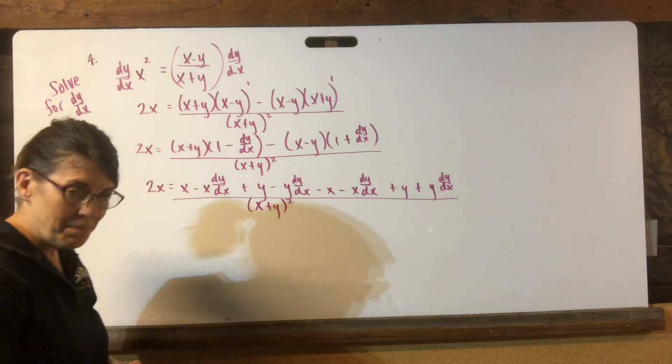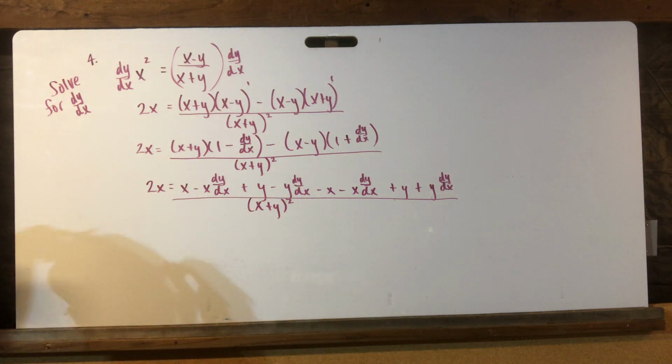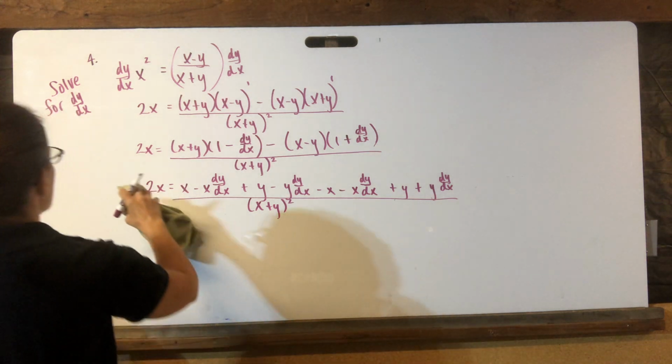Okay, so I'm out of room. Essentially what you're trying to do now is solve for dy/dx. So I need to erase this, so you can pause it or do whatever you need to do.